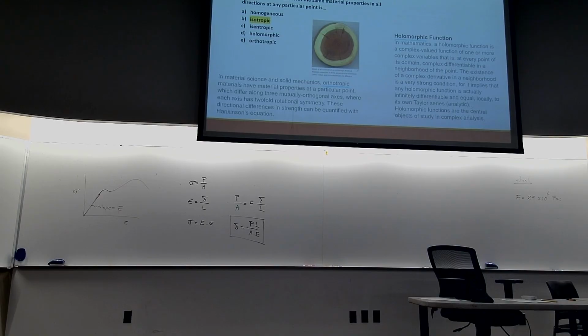It's the same in the horizontal direction, vertical direction, or at any angle. Some materials are not isotropic. Wood is a good example of that because the properties along the grain and perpendicular to the grain are usually very different.